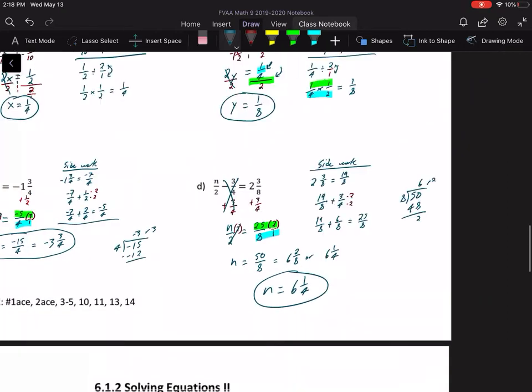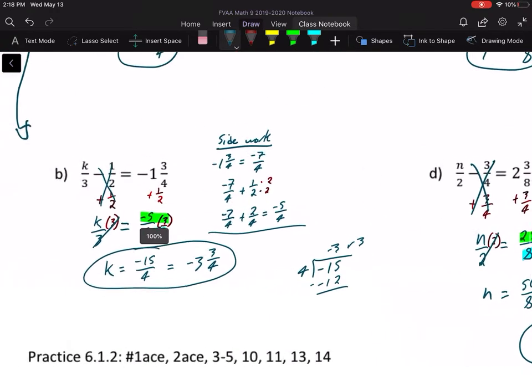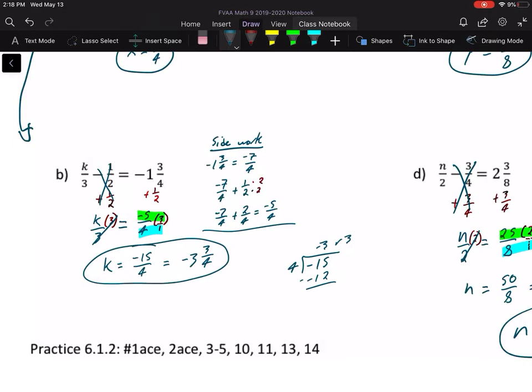Okay? So yeah, lots of steps here when you get into fractions, but the steps are not new. It's just longer and maybe more tedious. But you know how to deal with fractions. And again, I suggest that you do the fraction steps as side work apart from your algebra steps.